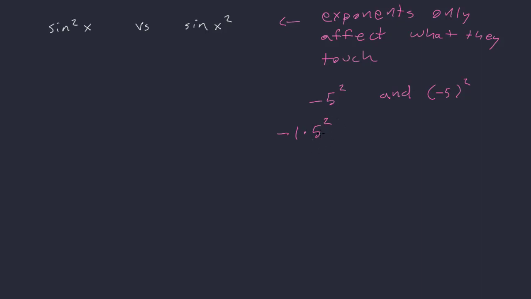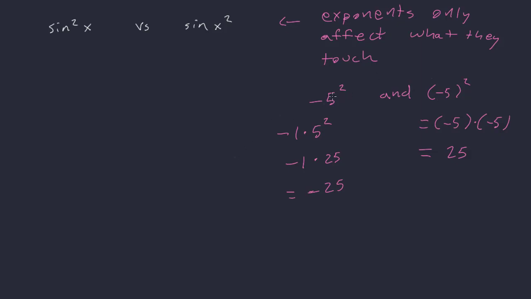You would do, by order of operations, the 5 squared first, which would be 25. So this comes out to be negative 25. However, in this case, you do the exponent first. So this would be negative 5 times negative 5, which would be positive 25, right? That's the difference in these two things.